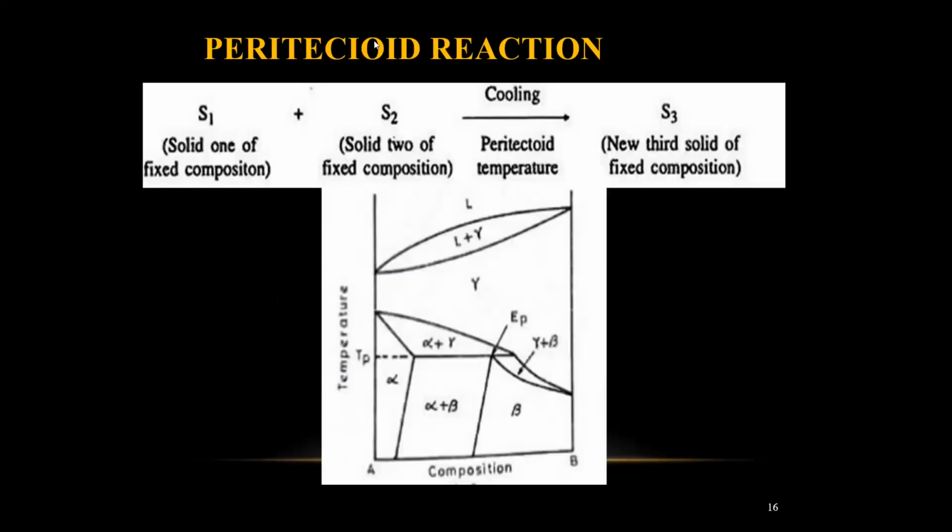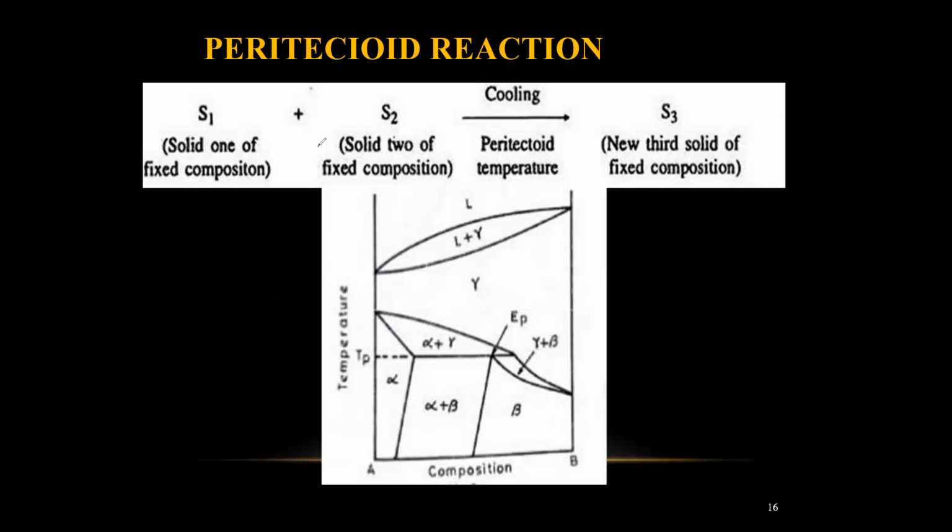So next one is the peritectoid reaction. This peritectoid reaction is also a three-phase invariant reaction, where two solids combine together to form a third solid phase. In eutectic reaction, upon cooling, liquid phase is transformed into two solid phases.